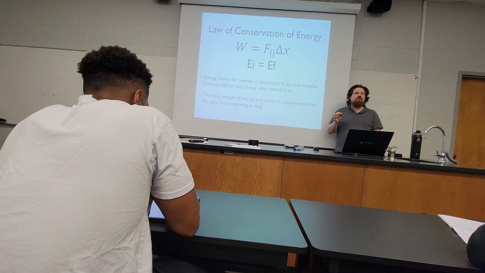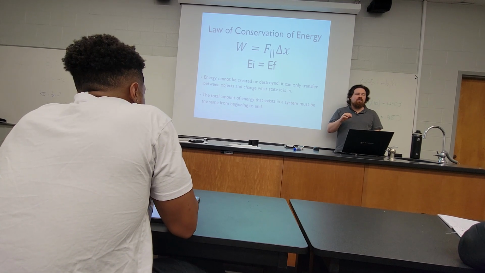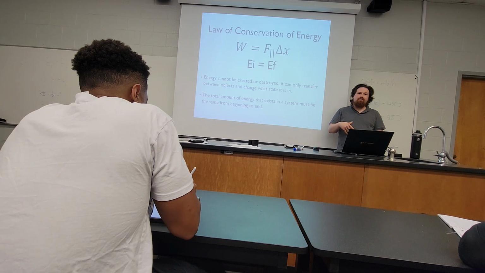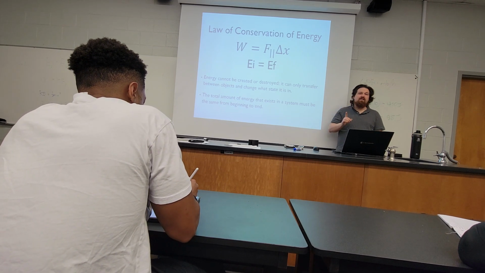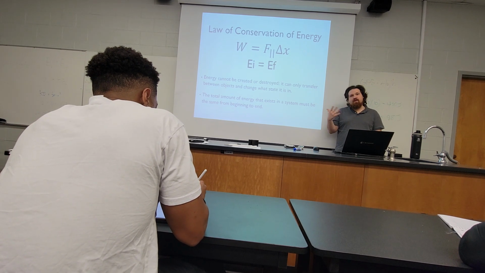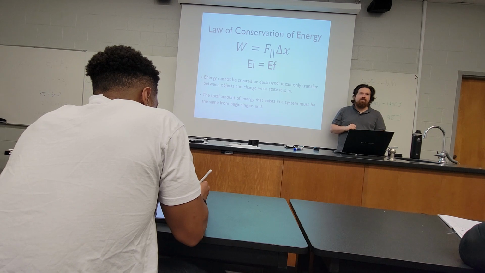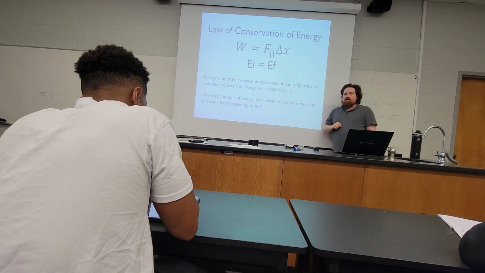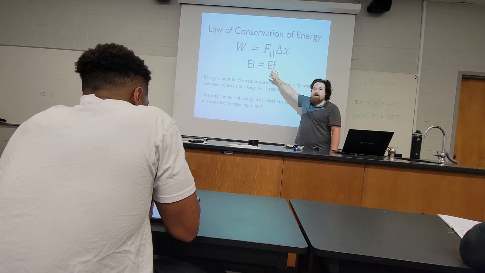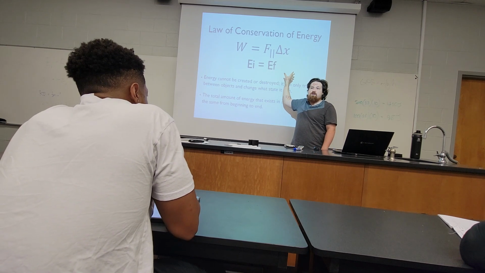No, friction just turned it into heat. And that heat is now distributed between your engine and the earth. So energy isn't destroyed, it just goes somewhere else in a form that may be harder to see, but it's still there. This part just says energy initial equals energy final. Whatever the total is will remain true.